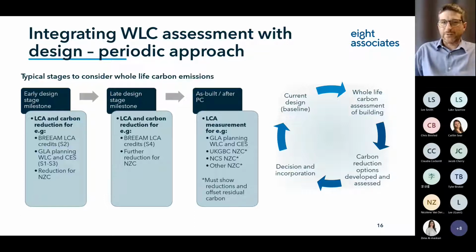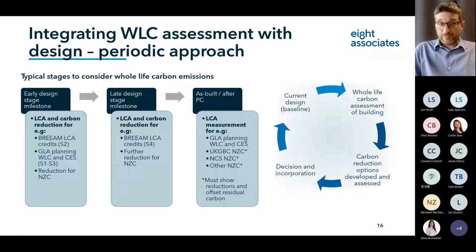And it could be the sustainability consultant is proposing options. Ideally, though, for it to really be a beneficial process, it should be a two-way interactive thing where the design team are talking to the sustainability consultant, looking at where the hotspots are in design, what the main carbon emitting areas are, seeing if there are opportunities to make changes.